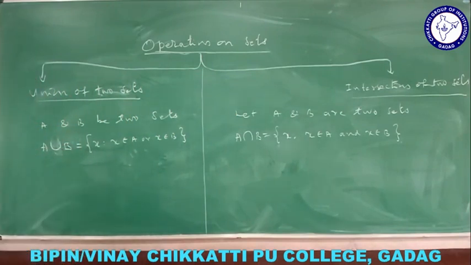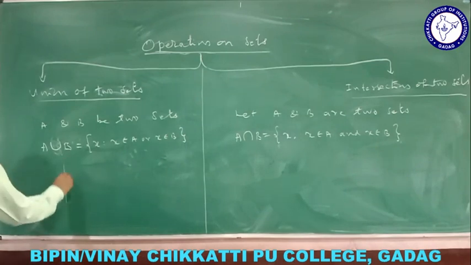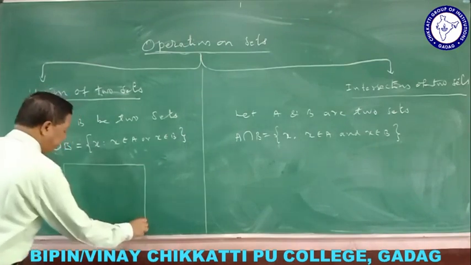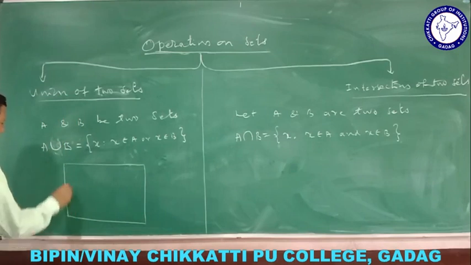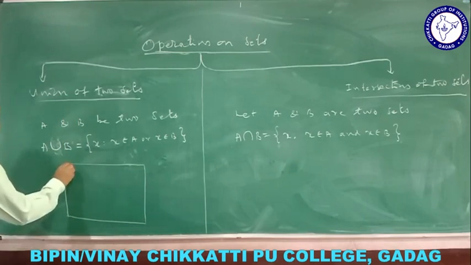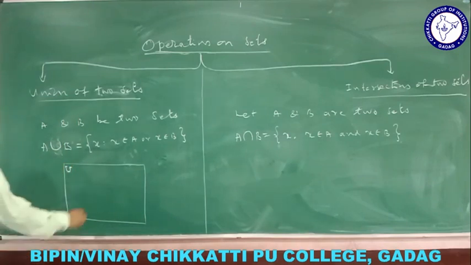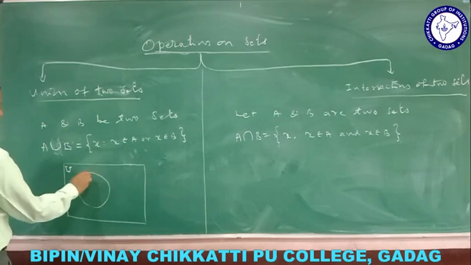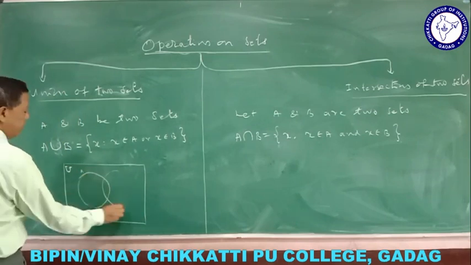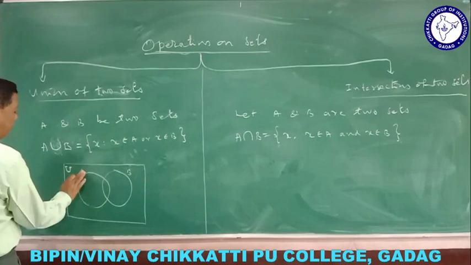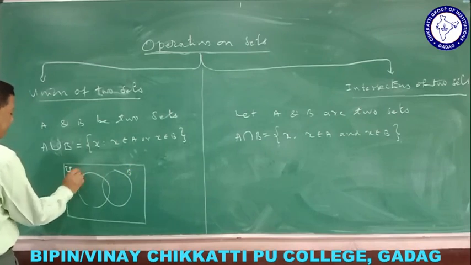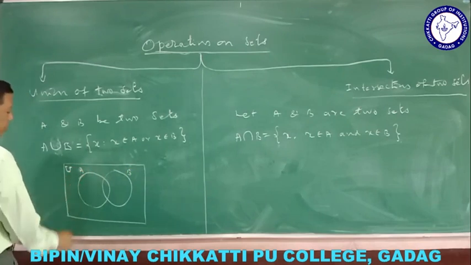Now let us see how we draw the diagram. I have already told you, it is the Venn diagram, and I have to draw both. This is the universal set U, and this is A and this is B. Once again, I am explaining briefly that A and B are the two sets.